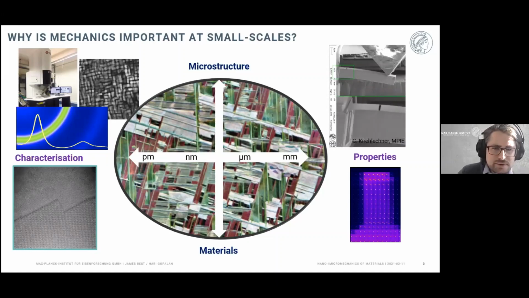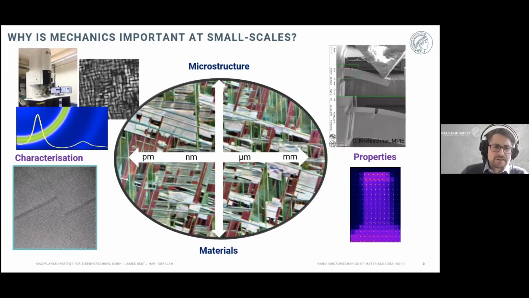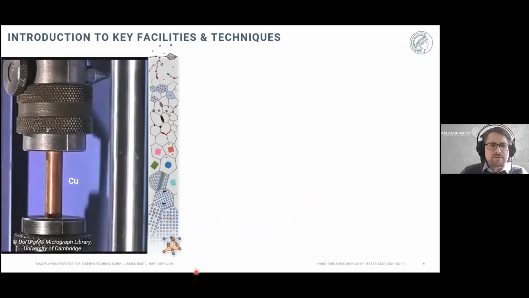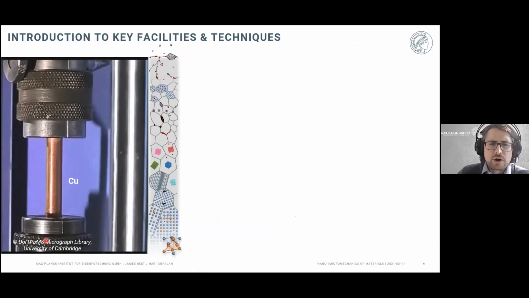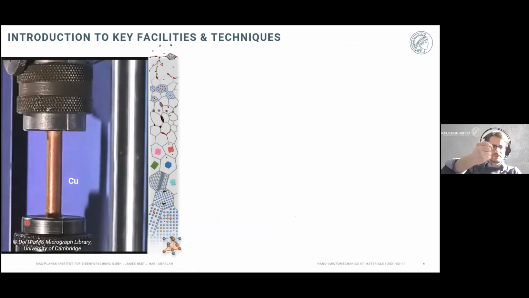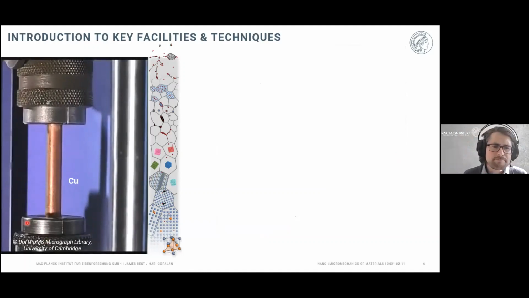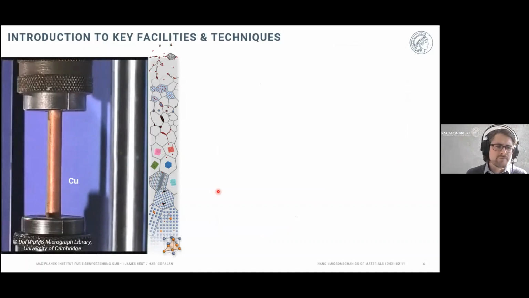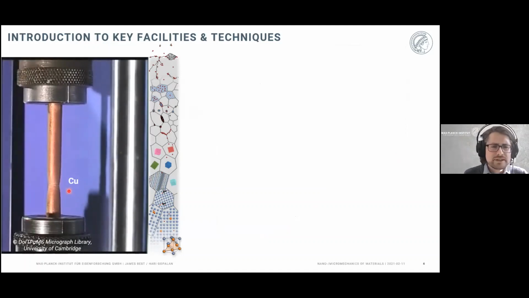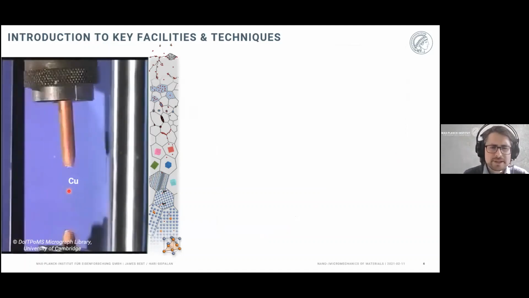And so how do we do this actually at the small scale? So bulk material testing, as is shown here for a piece of copper which is being pulled along its tensile axis, uses a very large piece of equipment. We have maybe a copper rod, which is some millimeters or centimeters in diameter.